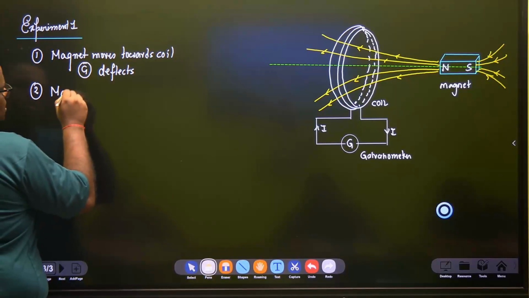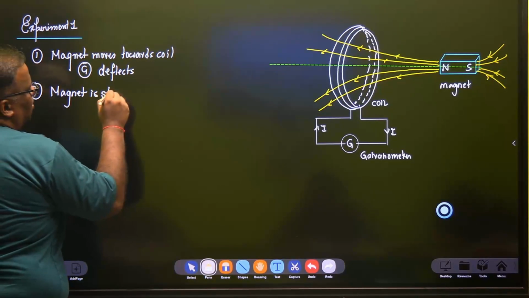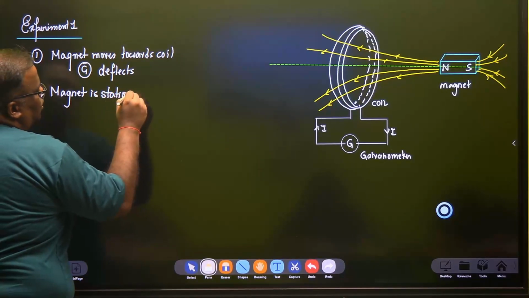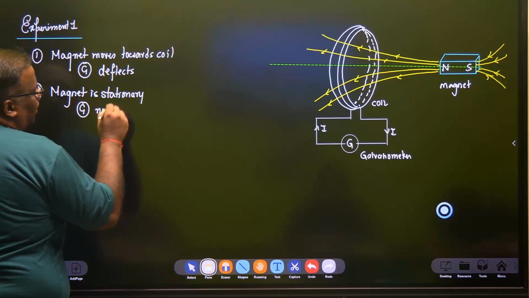Number 2. Magnet is stationary. G shows no deflection.